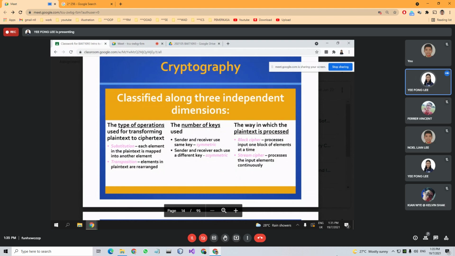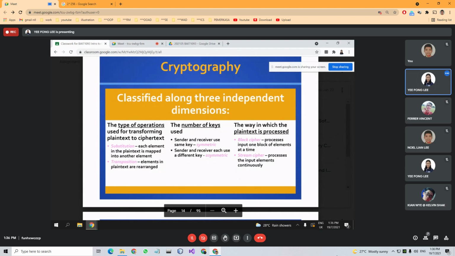Substitution means replacement. Each element in the plain text is mapped into another element. Substitution means you replace the term. Transposition means change place, rearrange. ABC becomes CAB or CBA.